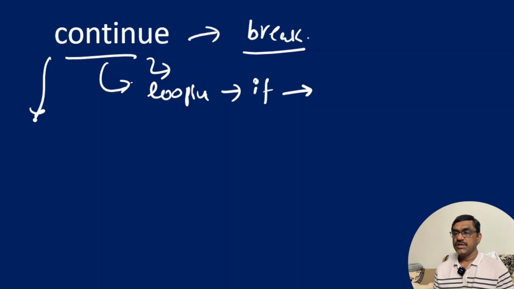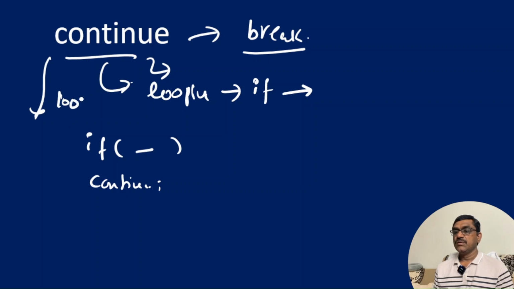So what I want to say is the continue statement must be used in connection with if some condition, and we write continue, but this entire block should be within the loop. Assume that we have if some condition, continue, and here some statements, these three lines indicating some statements.